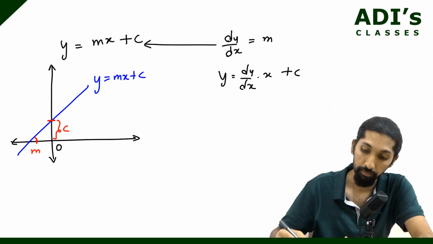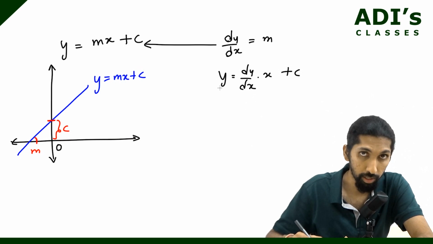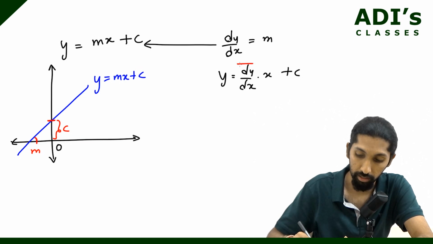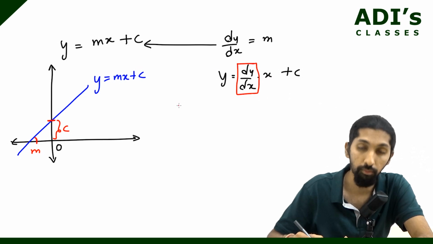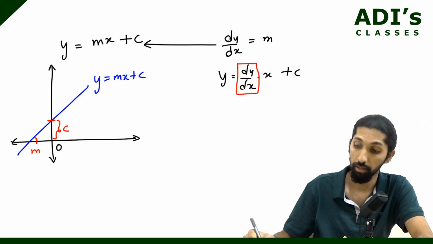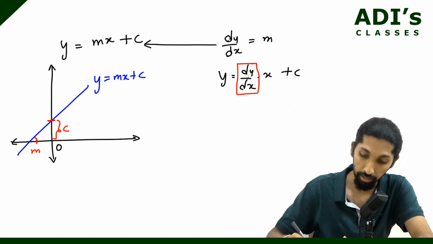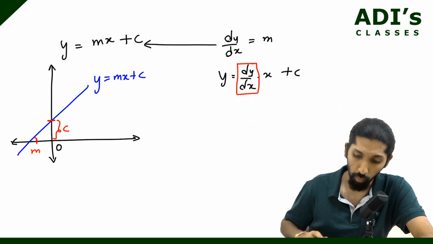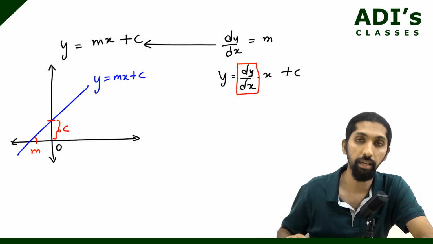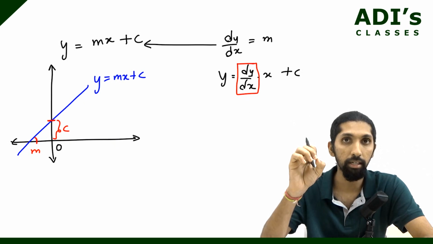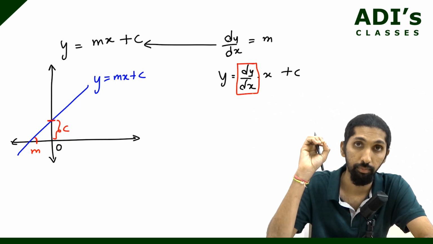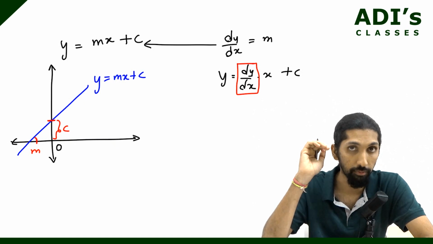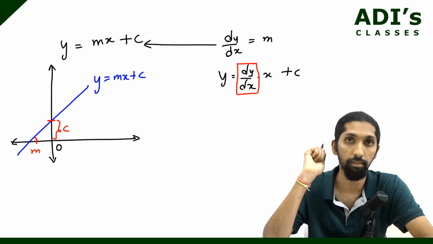So that means the line equation has a very important parameter, that is the derivative of the function, into x plus c. Now what does this particular value indicate? Because if I need to calculate the equation of the line, what do you do? You integrate, but not a definite, an indefinite integral.